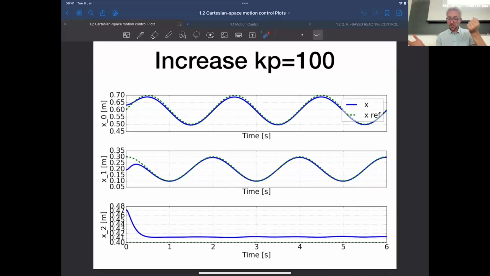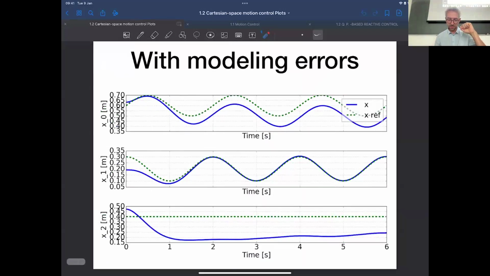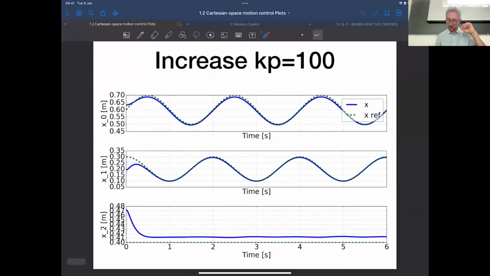And indeed, in this case, that kind of worked, at least for the tracking on X and Y. For the tracking on Z, we can see that it's much better than before. Before we had a 20 centimeter error. Now we have a 1 centimeter error. So it's much better, still not perfect.